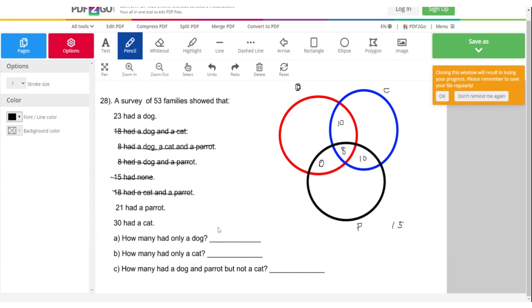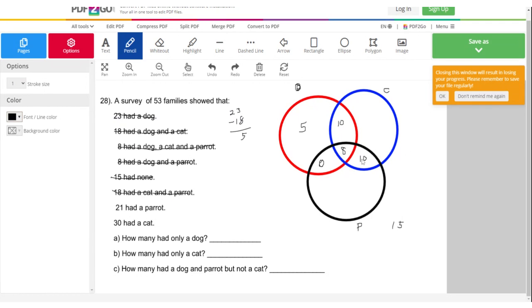All right, now 21 has a dog. 23 has a dog. So we're going to take the 23. And what is that? That's 5, right? Anyone had a parrot.